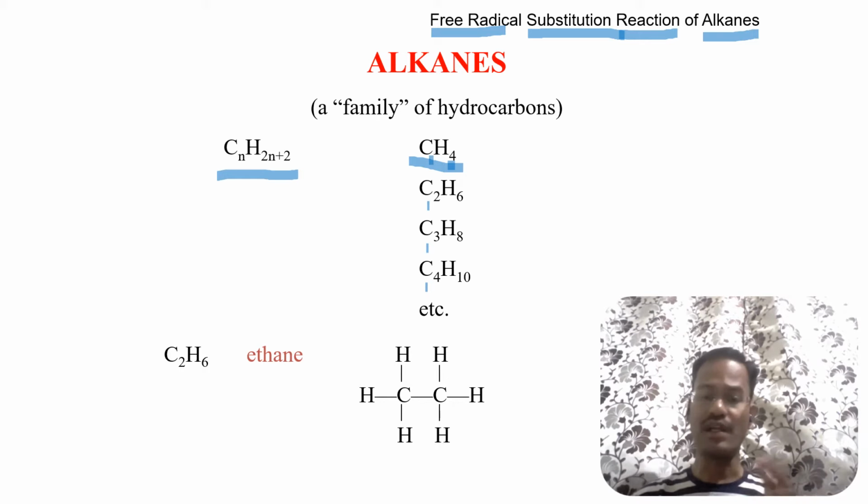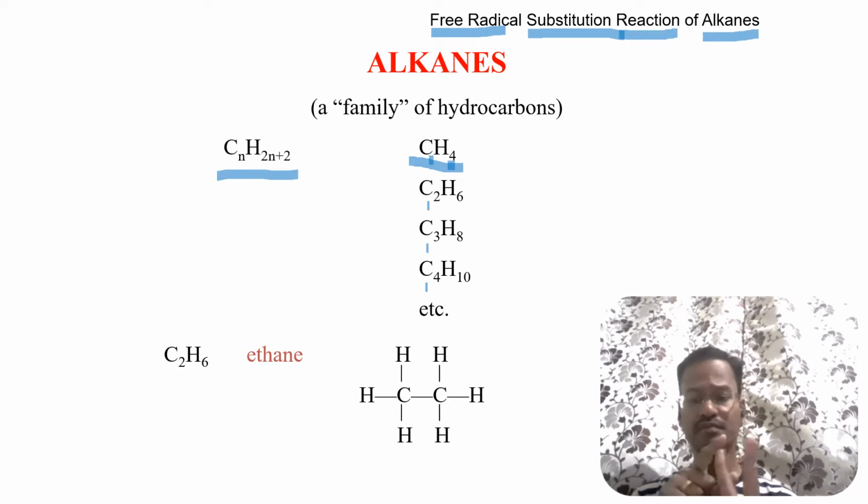We know the naming of alkanes is based upon the number of carbons, starting with meth, eth, prop, but, pent, hex, hept, oct, non, dec. If the total carbons in a hydrocarbon is 1 and it is an alkane, we call it methane. 2 means ethane, 3 means propane, 4 means butane, 5 means pentane, 6 means hexane, 7 means heptane, 8 means octane, 9 means nonane, 10 means decane.